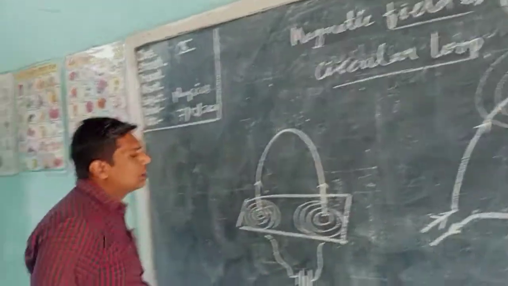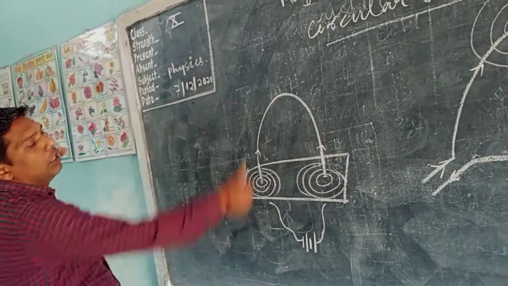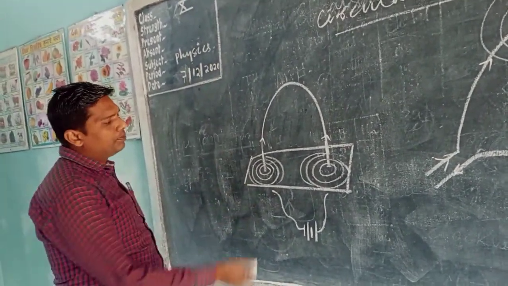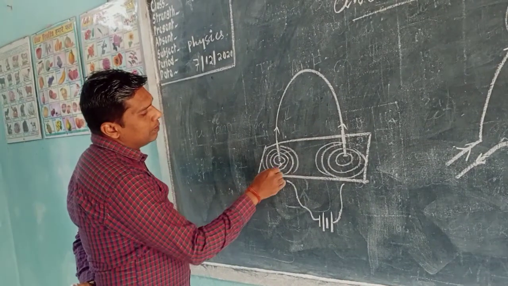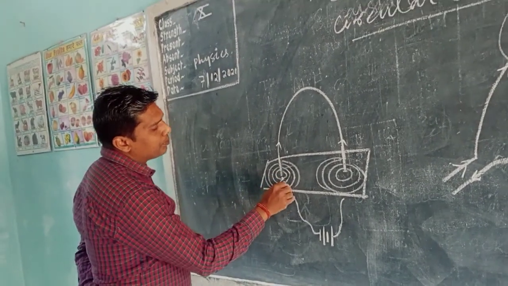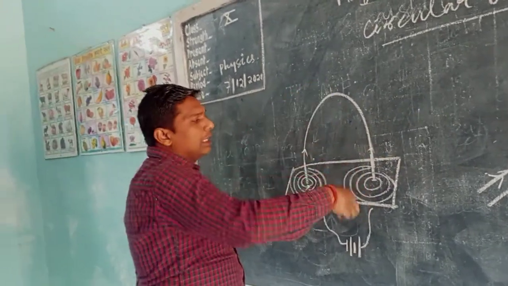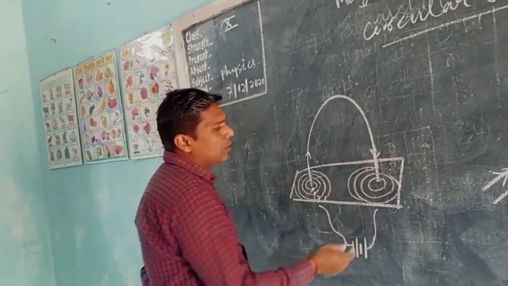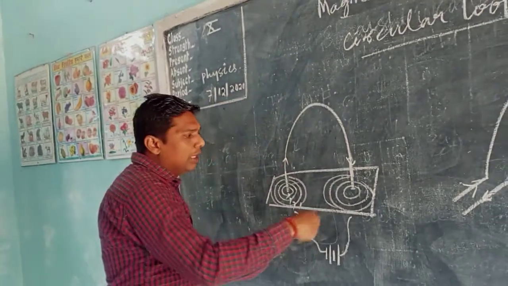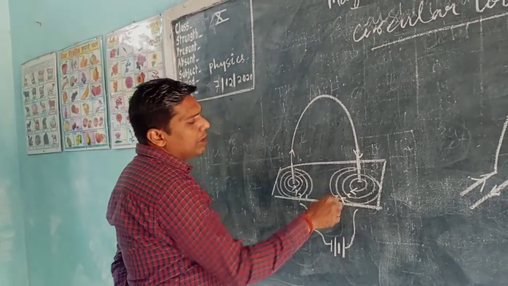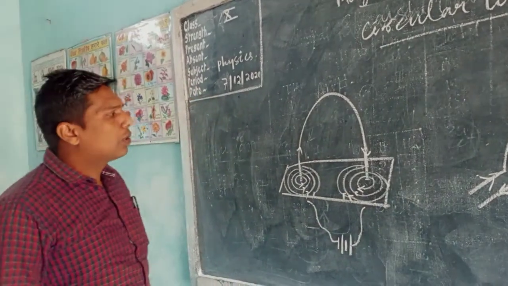So you know that when current passes in the upward direction, this is anti-clockwise. That means current passes like this. But when current is entering here, that means current is passing downward, so this becomes clockwise. The direction of the magnetic field is clockwise.